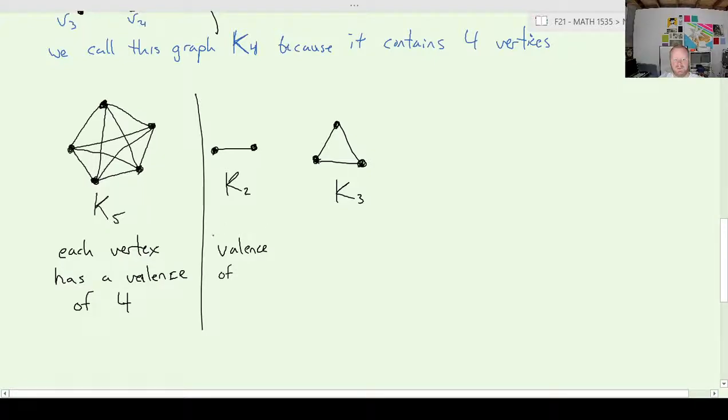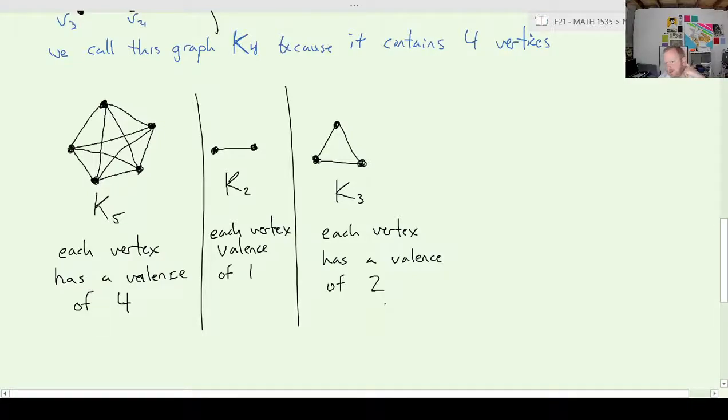This one, each vertex has a valence of 1. It's just the 1 coming out of it. Each vertex has a valence of 2 here.